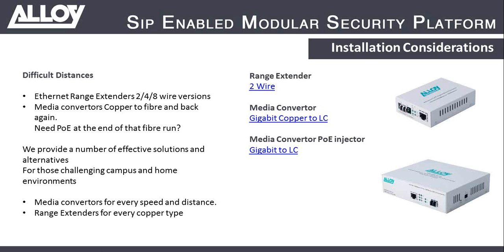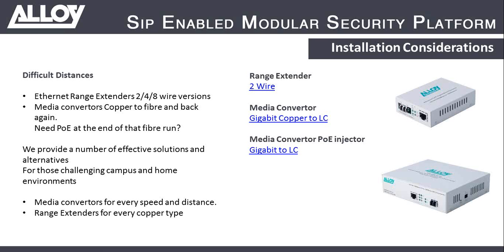for running a signal over a longer distance over copper, media converters from 10/100 fiber to copper and gigabit fiber to copper, and then we have the fiber to copper media converter that provides PoE power out the copper link.